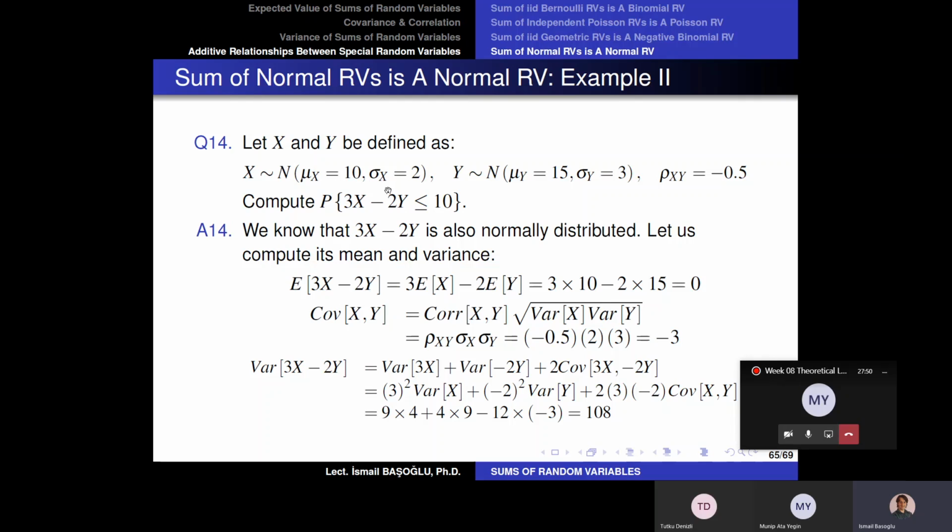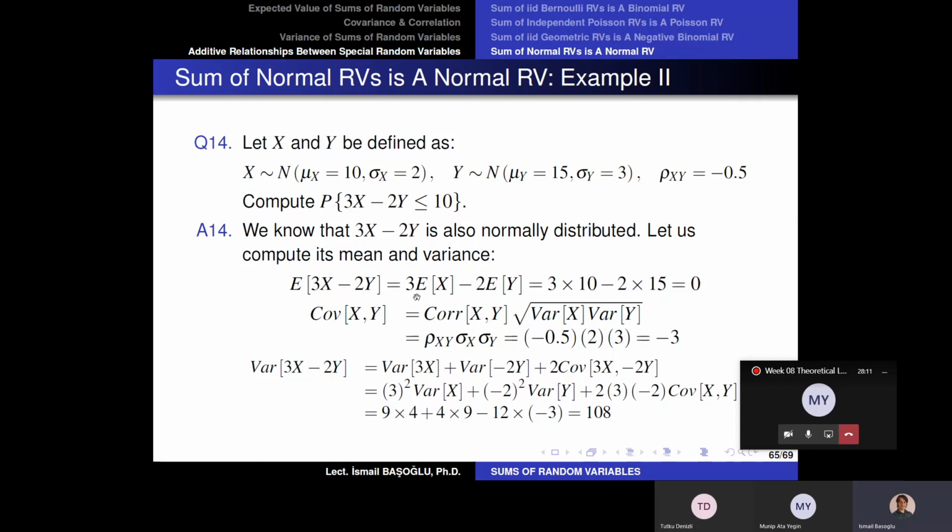All we need to do is to determine the location parameter and the scale parameter for 3X minus 2Y. So for that, I am going to determine the expected value of 3X minus 2Y first, because the expected value of 3X minus 2Y will be equal to its mean, its location parameter, right?